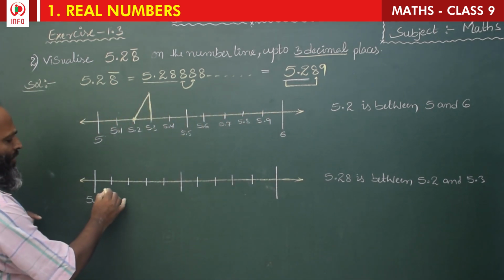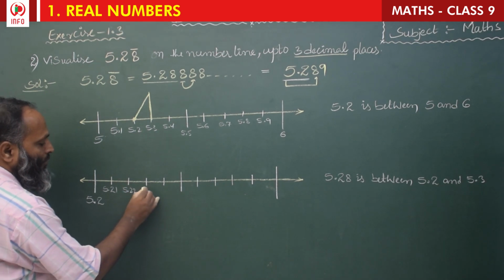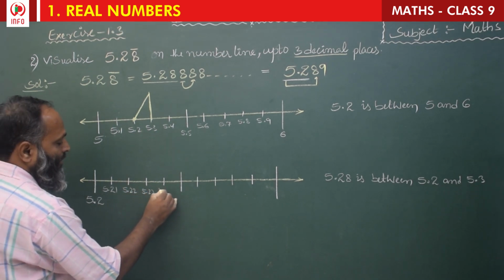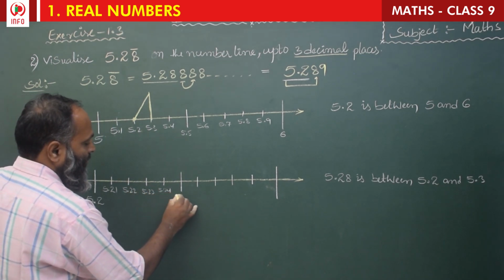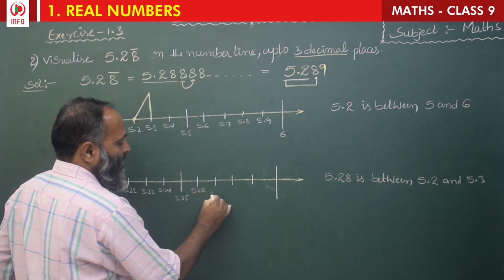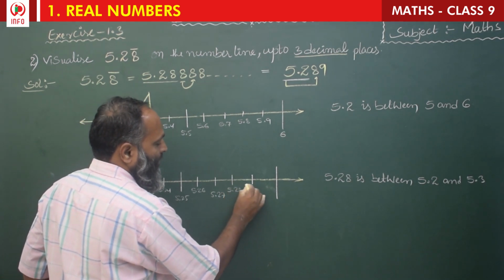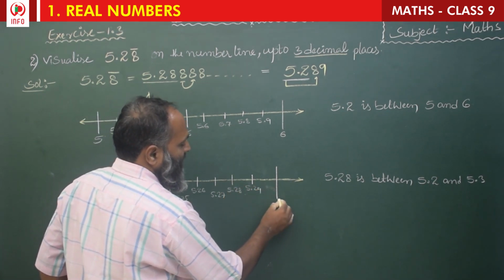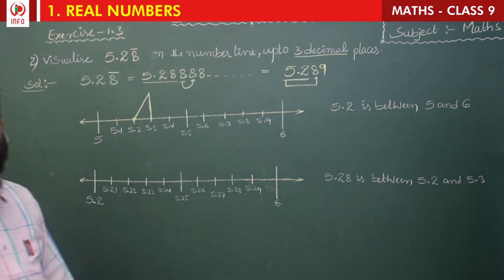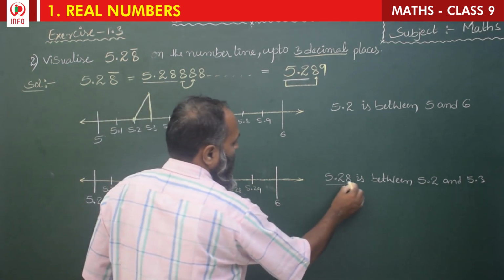5.2, 5.21, 5.22, 5.23, 5.24, 5.25, 5.26, 5.27, 5.28, 5.29, 5.3. Okay, 5.28.